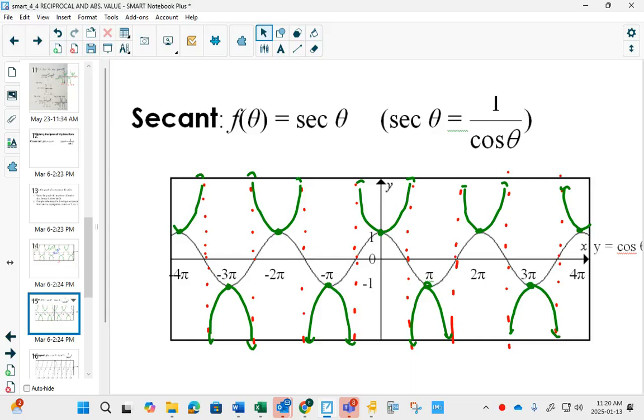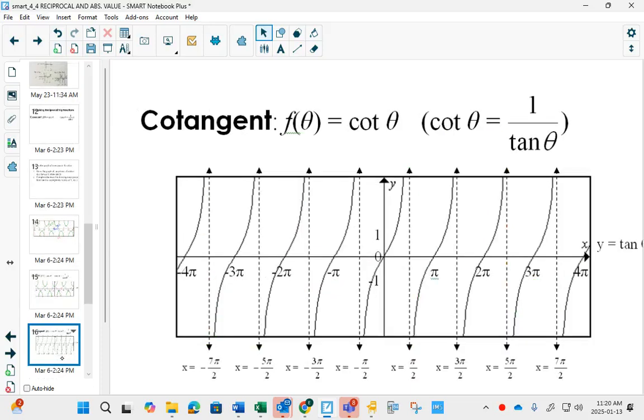Now the reason the cotangent one is a little bit strange is because mathematicians had to make a decision. They had to decide if they should use cotangent equal to 1 over tangent or use cotangent equals cos theta over sine theta.